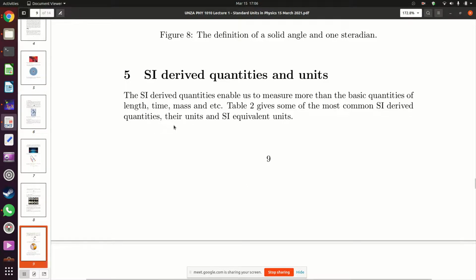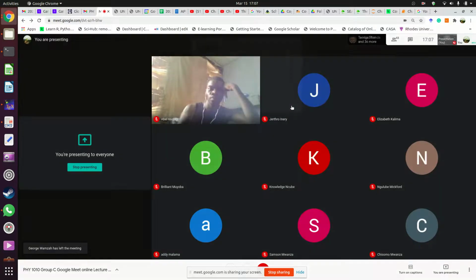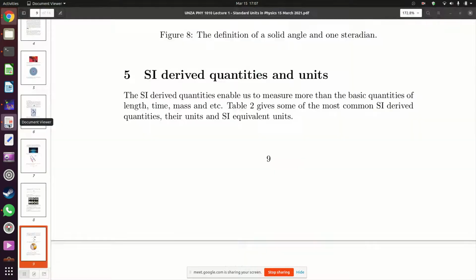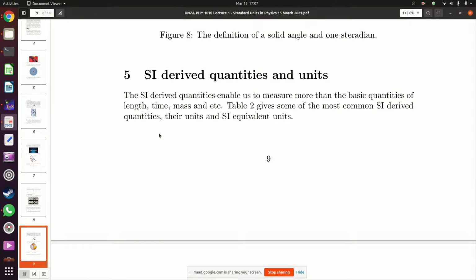These SI derived quantities and units are obtained by doing the following: by multiplying the base quantities, which are mass, length, time, temperature, electric current, amount of substance, and light intensity, or by dividing base quantities.